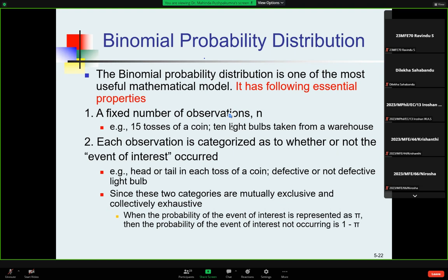That means each observation we can categorize into two, head or tail. The event of interest means, let's say your interest is to see the head, then head is the event of interest.